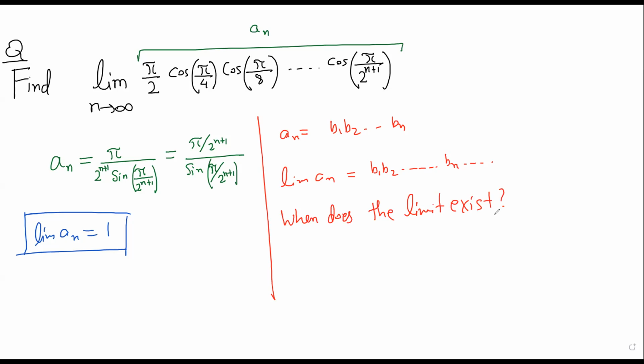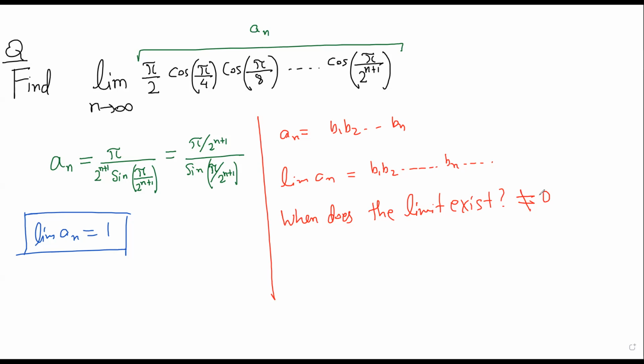And maybe we should also say when the limit exists and is not equal to zero. Because for these kinds of problems, it's also important to identify if the limit is zero or not. It could go to infinity, that's one thing, but going to zero is another thing which you would want to detect, just like going to minus infinity.